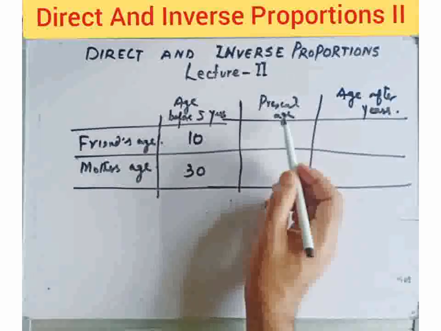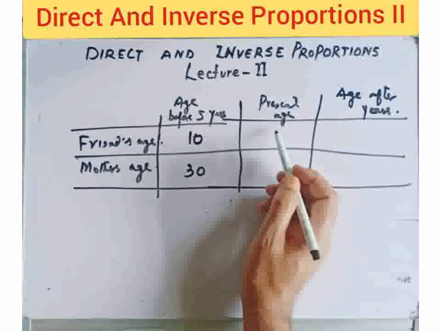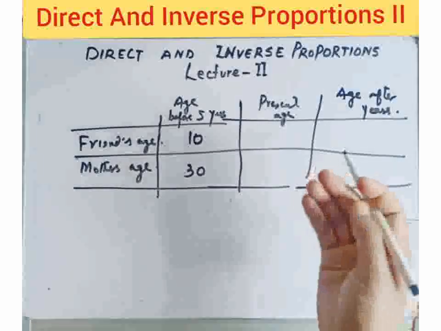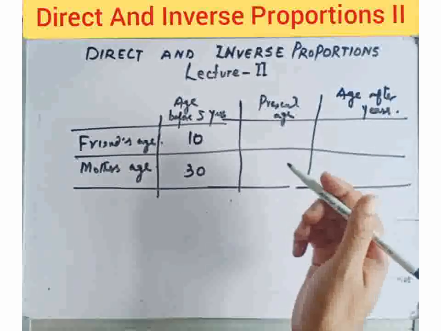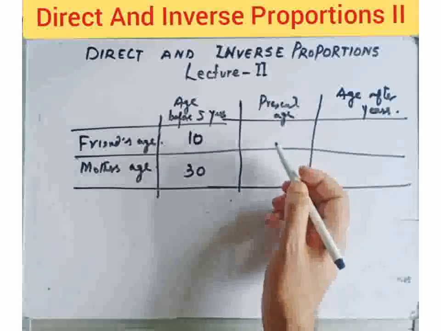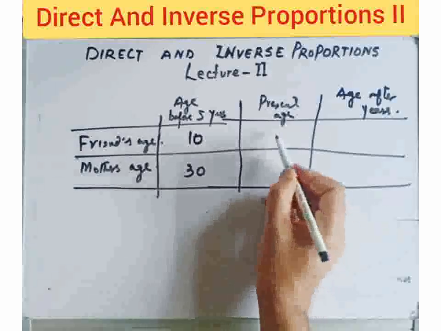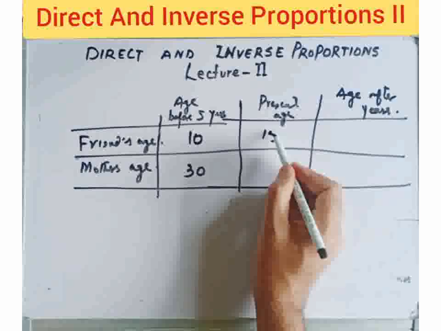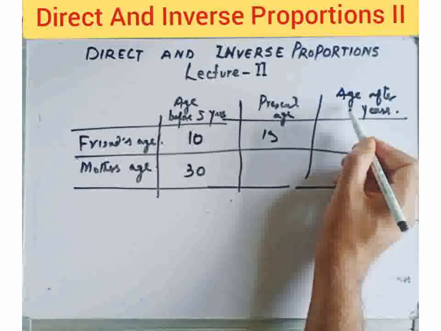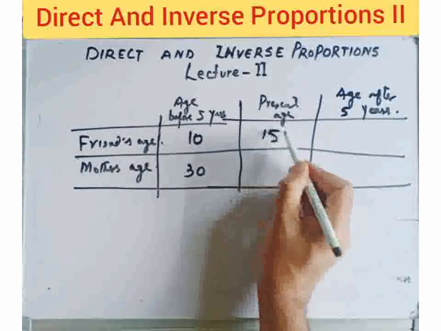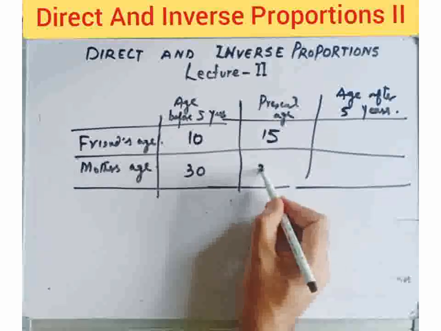So the present age, the age in 2020, will be 15 and 35.